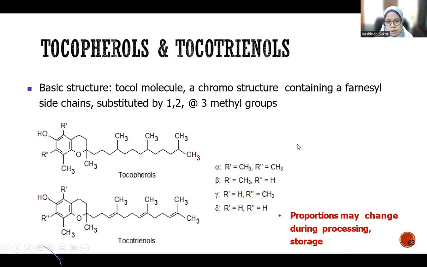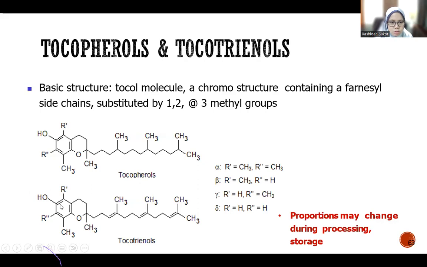It will give you different alpha, beta, gamma and also delta. So if R1 and R2 are both CH3, we call it alpha tocopherol. If R1 is a methyl group and R2 is H, we call it beta tocopherol.